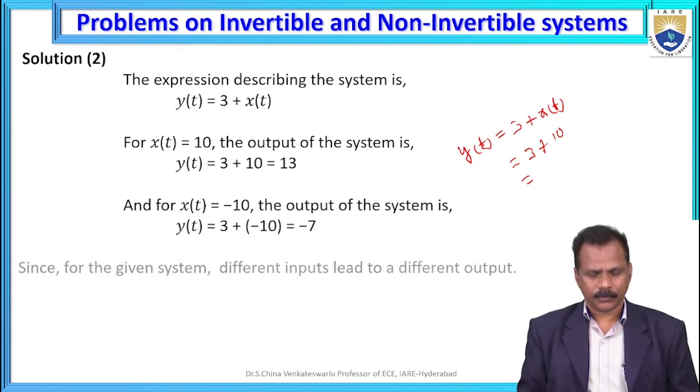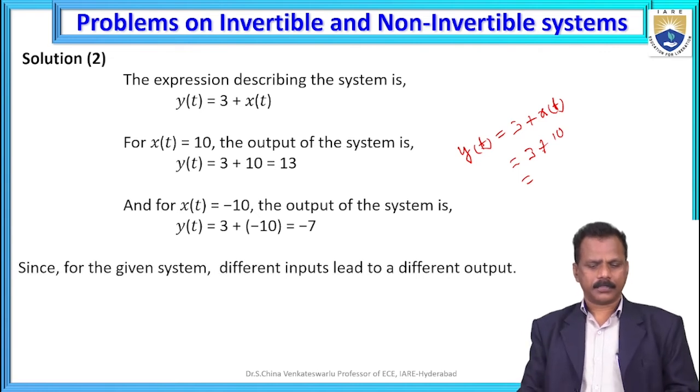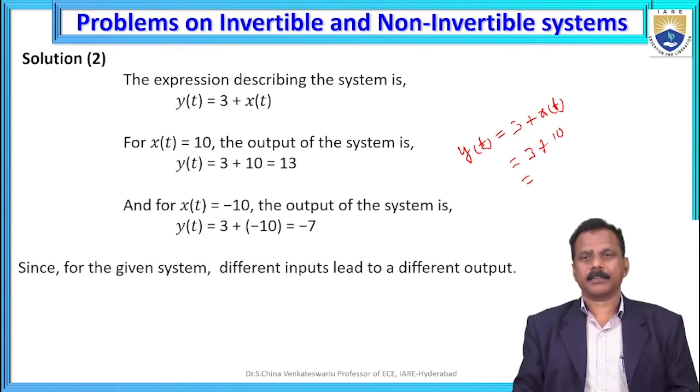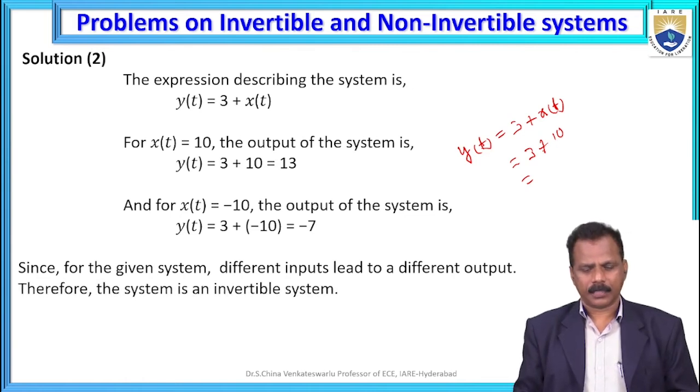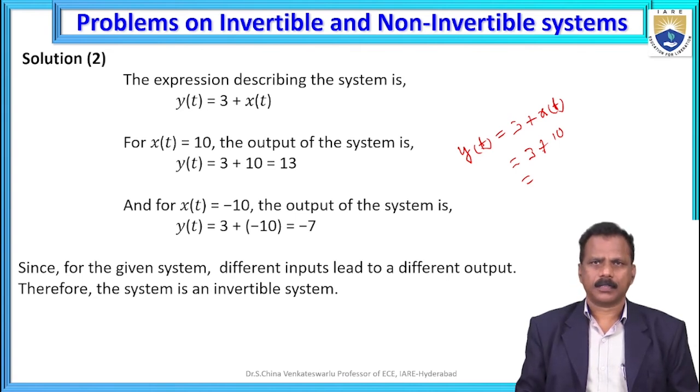Since for the given system, different inputs lead to different outputs, the system is an invertible system. It is proved based on the mathematical examples.